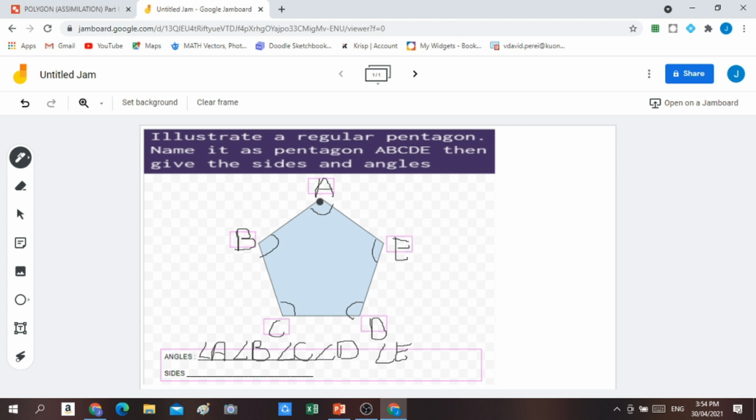Which are the sides here? This is the first side, side AB, denoted with a line segment. Then the other side, side BC, also denoted as a segment. Then this one is side CD, denoted as a line segment, and then side DE.